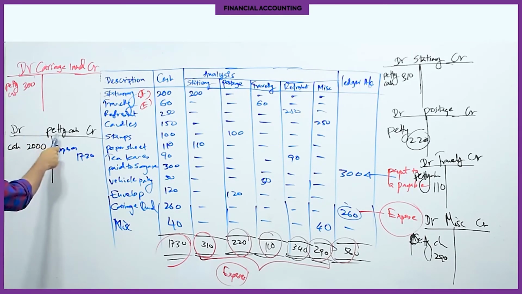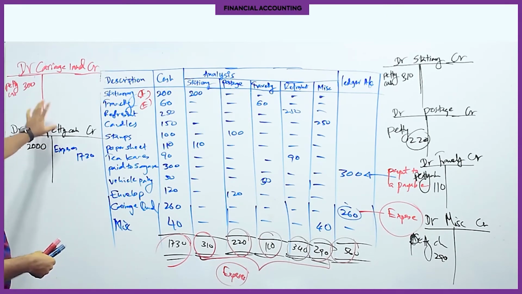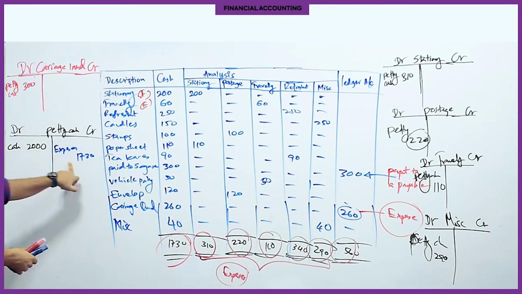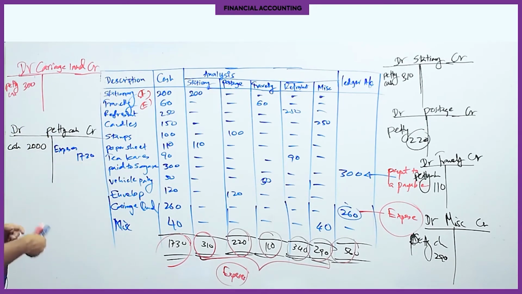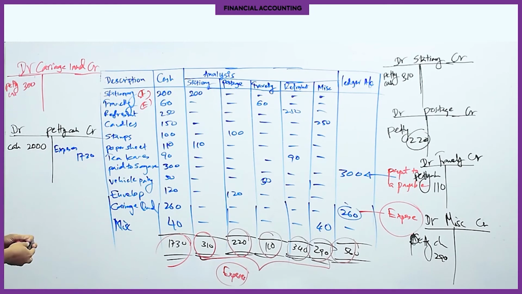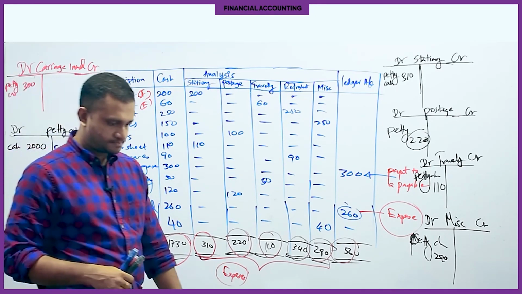So, this is the petty cash account you will see in the ledger. So, the cash amount is 2000 and the expenses would be 1730. So, you will see the remaining amount in your petty cash till is 2000 minus 1730, it is 270. So, these are the accounts that will go to the ledger.